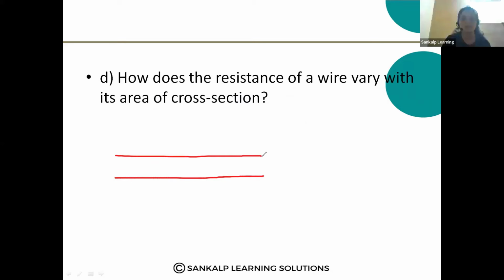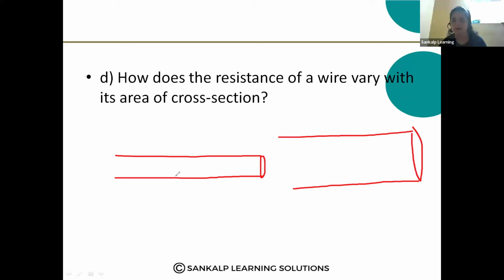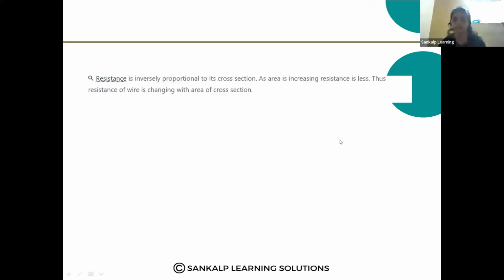Okay, so it is a wire. Just imagine this is the wire and this is called the area of cross section. If you increase the area of cross section like this, what happens to the resistance that you have studied? Resistance is inversely proportional to its cross section. As area increases, resistance is less.